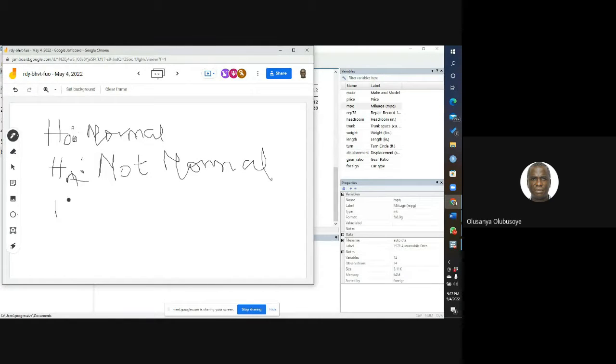If I'm testing a hypothesis about the mean, and I say the mean is equal to 0, versus the alternative, the mean is not equal to 0. The null is the same as saying not significant.